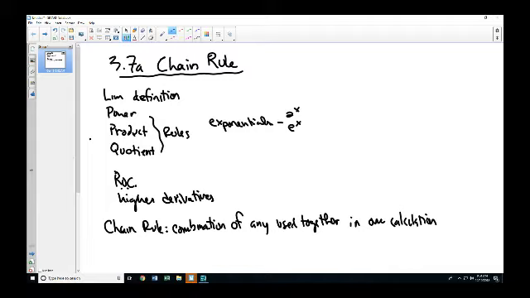Do you remember composed functions? Composition of functions? If I gave you f of x is x squared and g of x is sine x, right? F of g of x is equal to what? Right?